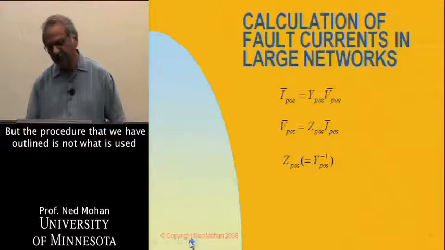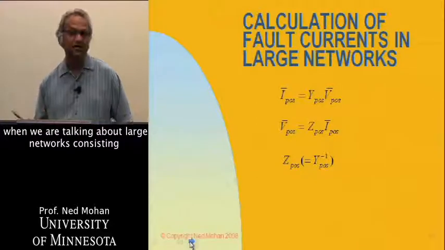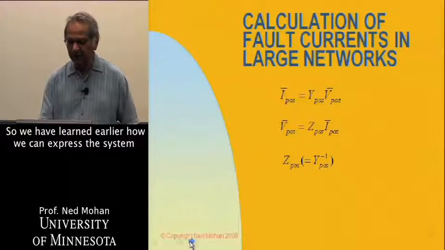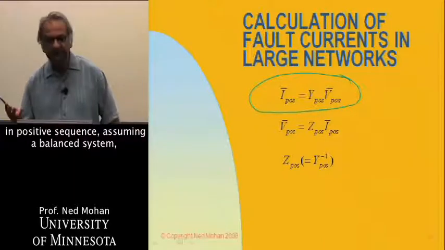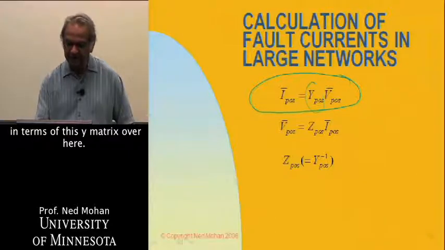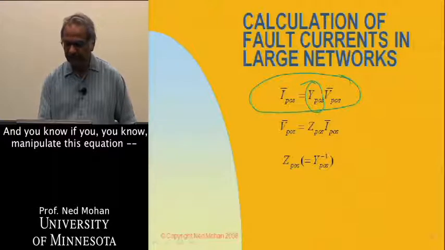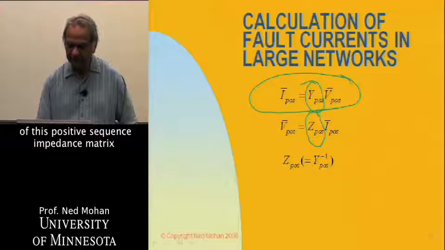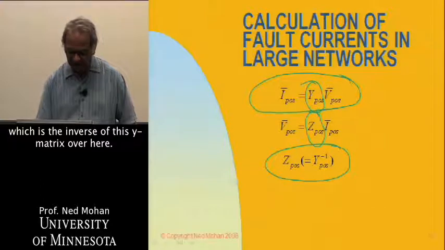But the procedure that we have outlined is not what is used for large networks consisting of thousands of buses. We have learned earlier how we can express the system in positive sequence, assuming a balanced system, in terms of this Y matrix. If you manipulate this matrix equation, we can write it in terms of the positive sequence impedance matrix, which is the inverse of this Y matrix.